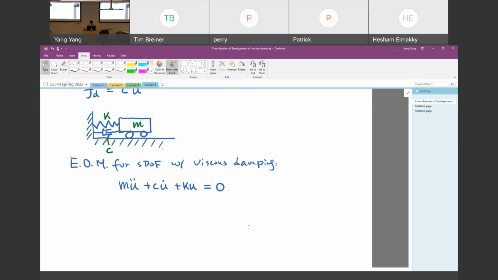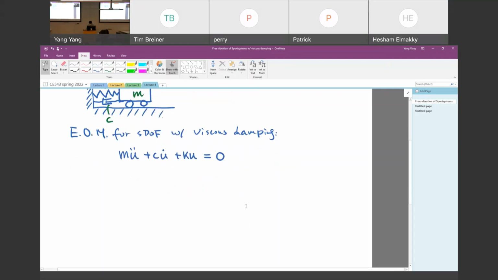All of you have already taken differential equations, so I'm just going to give you the solution sequence. When we solve this equation, the first step we need to do is some mass normalization.